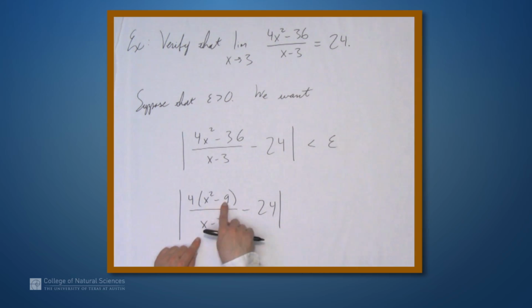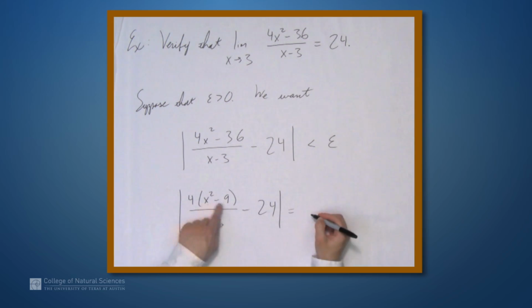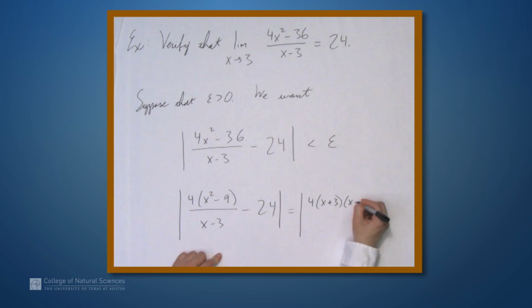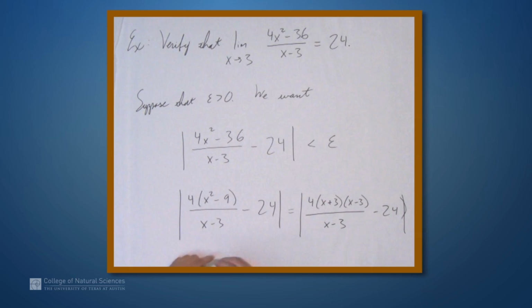And this x squared minus 9 we can factor into x plus 3 and x minus 3. So 4 times x plus 3 times x minus 3 all over x minus 3 minus 24. That's an absolute value. Now, the x minus 3's cancel.